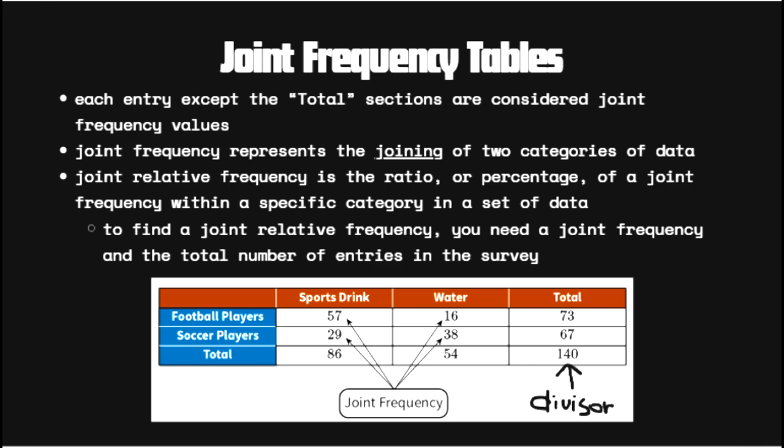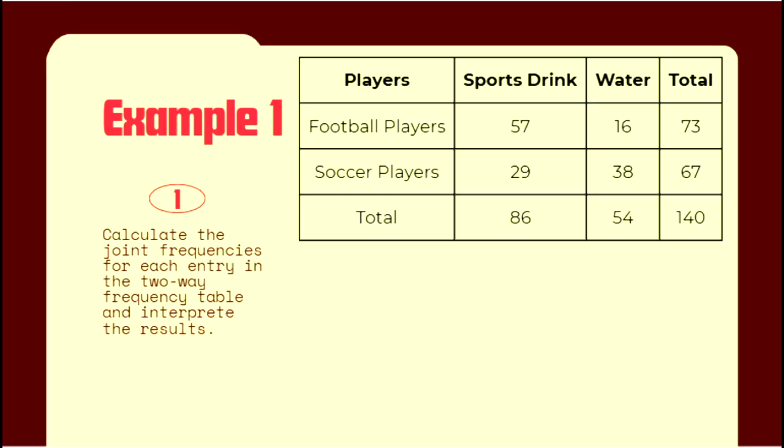To find a joint relative frequency, you need a joint frequency and the total number of entries in the survey. You would take one of these 4 pieces of information and divide it by the total number. So it would be like 16 football players also prefer water. So it would be 16 divided by 140, which will give you a percentage for this cell. It will make sense as we go along.